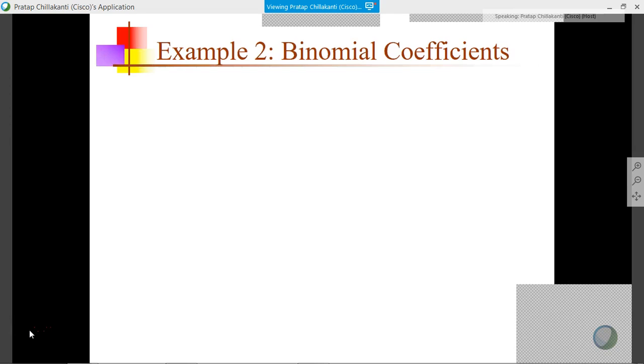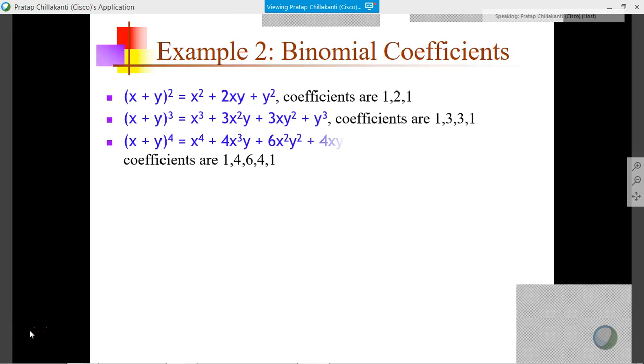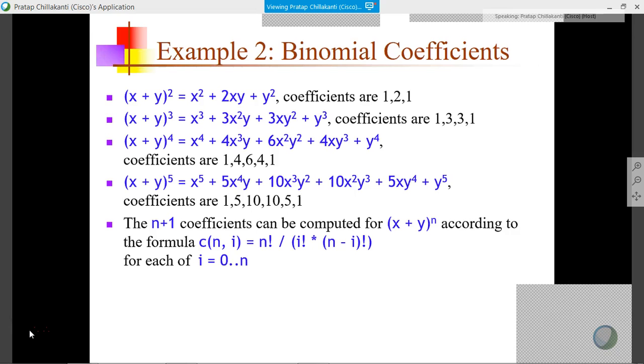Let's look at this one here. I thought I'd remove this slide, but I kept it here anyway. Let me get the slide completely up, then we can talk. You all know binomial coefficients, right? From math, x plus y squared is that equation there. The coefficients are 1, 2, and 1. For x plus y cubed, the coefficients are 1, 3, 3, 1.